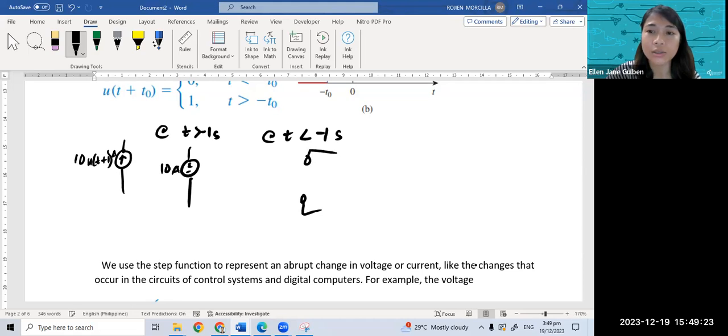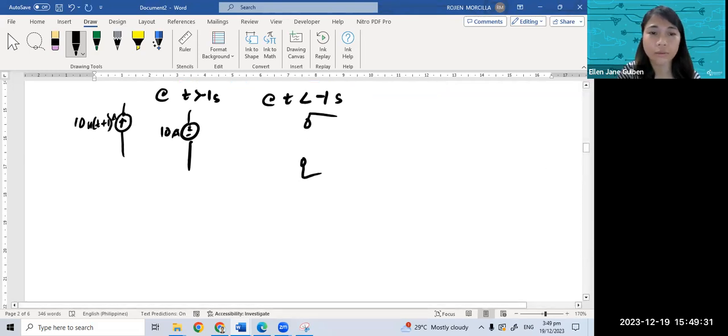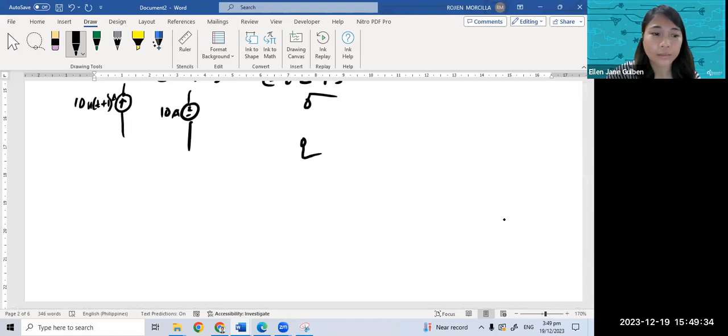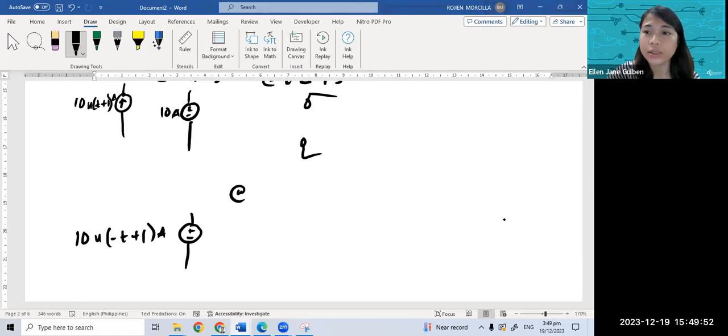Okay, this changes if, for example, you put a negative right here. Let's say we have a negative. Then u of negative t plus 1 amp. So how does our circuit look like? 10 u of negative t plus 1. So it's delayed.